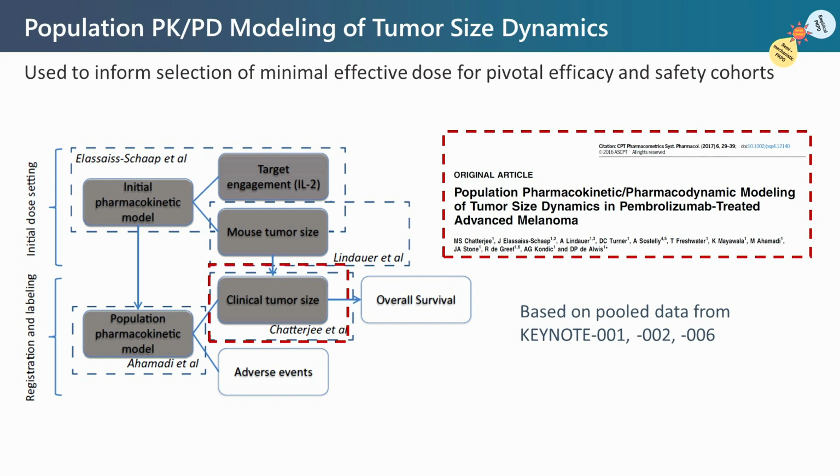This analysis was based on data in patients with melanoma from Keynote-001, Keynote-002, and Keynote-006 studies, and included ipilimumab-naive patients as well as patients who had previously been treated with ipilimumab. Details of the analysis can be found in the publication shown here by Chatterjee et al.